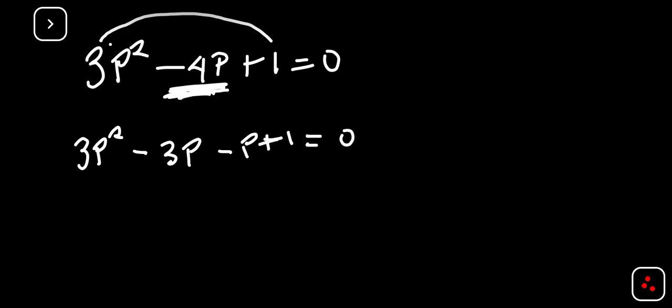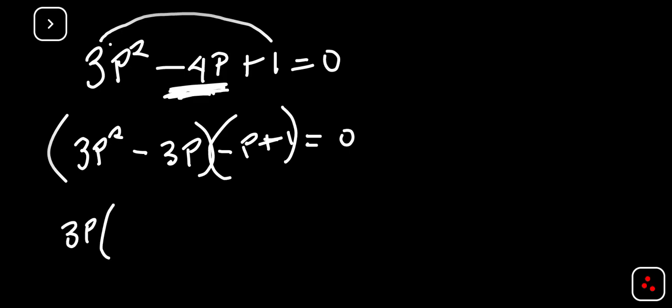Alright, so this is one phase of the quadratic expression. We just need to put our brackets now, and then we isolate. So we're going to bring out a factor from this first bracket. A factor that is common to 3p squared and 3p is 3p. And then when we divide through, we have p here minus 1 here.